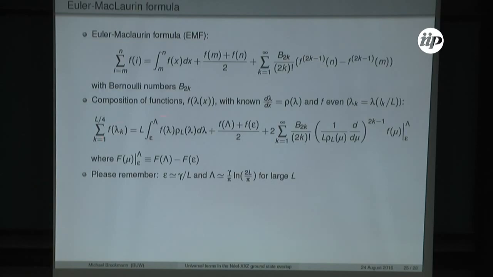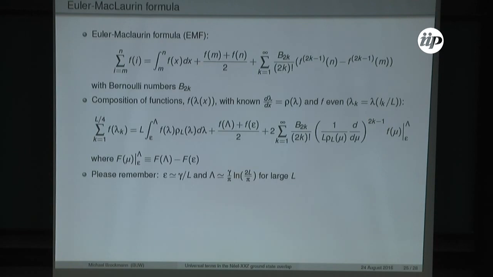And well, if you have a composition of functions, so f now is a function of lambda which depends on x, and x takes basically integer values, ik over L, then the Euler-Maclaurin formula reads as follows. The sum of f of lambda k is this extensive part, L times this integral, plus direct corrections, order 1 corrections from the boundaries, plus hopefully corrections of order 1 over L to the power 2k minus 1.